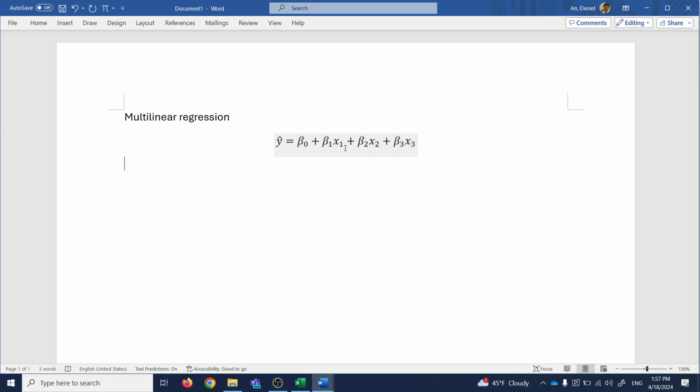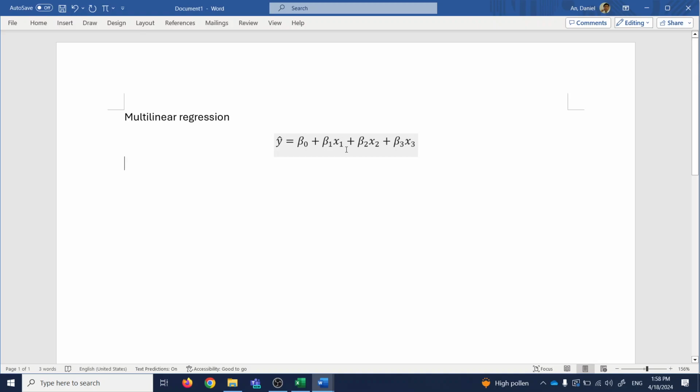Which is you take y minus y hat squared, and you add them up. That value has to be minimized. And if you try to find the minimum using derivatives, because when you find the minimum of a function, the derivative is equal to 0, right? And then in the class, I calculated the derivative, set them equal to 0, and eventually I got the formula for beta 1 and beta 0, right?